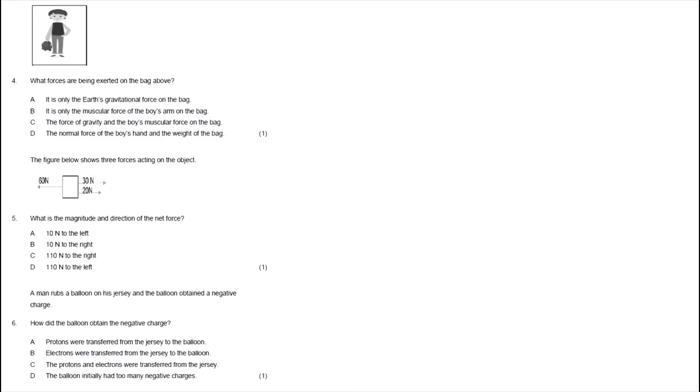So our correct answer will be C, because C says the force of gravity and the boy's muscular force on the bag. The boy is pulling the bag up, but gravity is pulling the bag down. So our correct answer will be C.